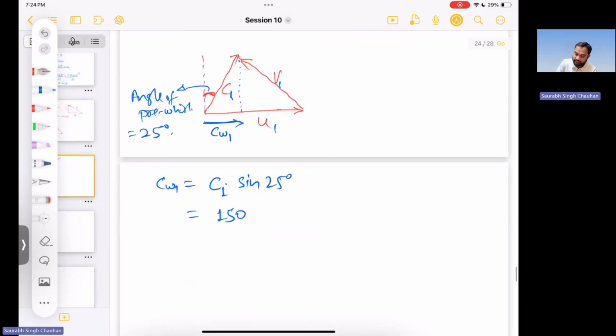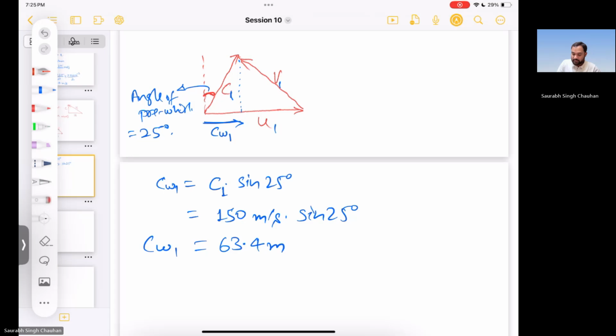So 150 meter per second times sine 25. If you calculate this value, it will come out to be 63.4 meter per second.